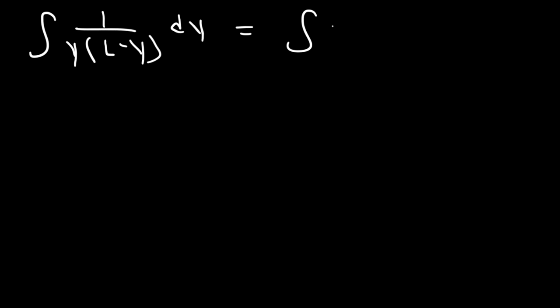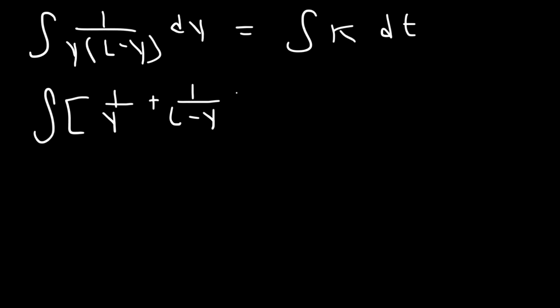Now going back to the formula where we had the integration of 1 over y times L minus y dy, which is equal to the antiderivative of k dt. So now we can replace this expression with 1 over y plus 1 over L minus y.